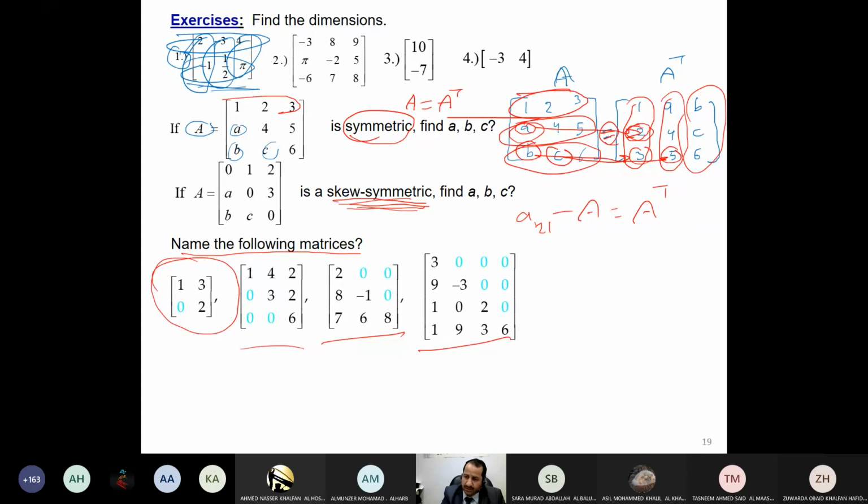Next session, we will discuss the operations of matrices and we will start with the determinants. After that, over the weeks, we will add more topics. We will see how we do the inverse of matrices, how we solve sets of linear equations using Gaussian elimination, Cramer's rule, different techniques, eigenvalues, eigenvectors, and differential equation solutions using matrices.